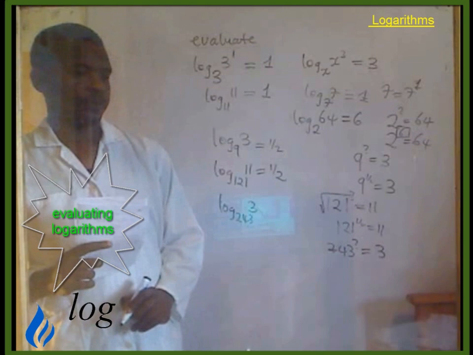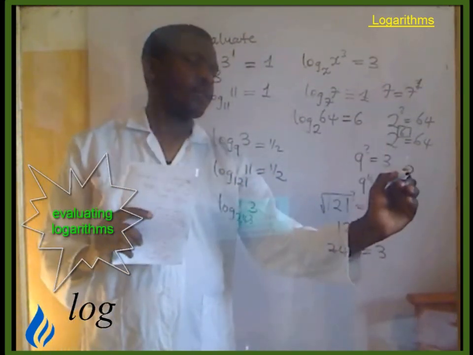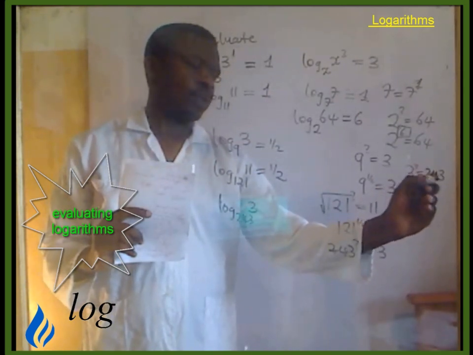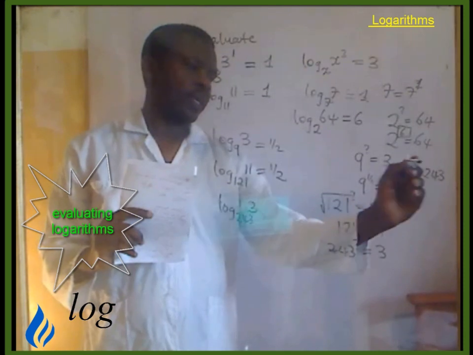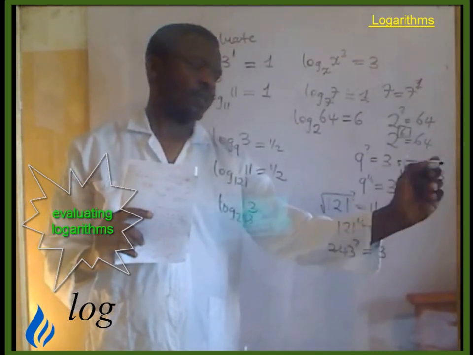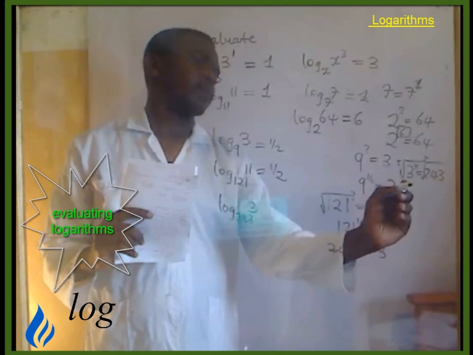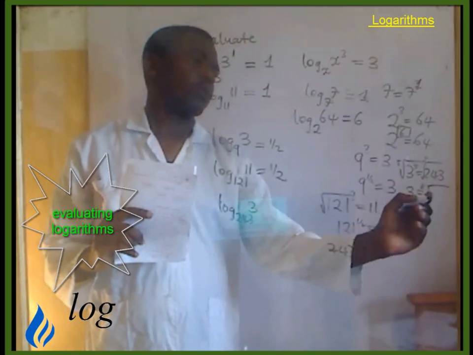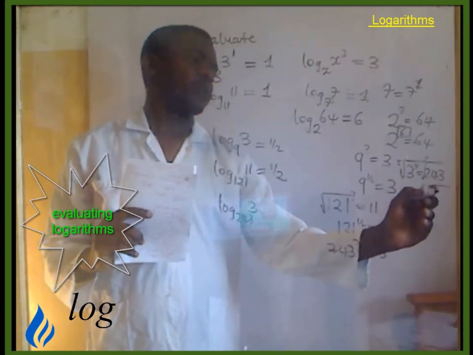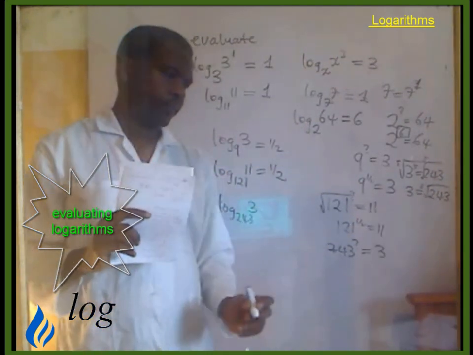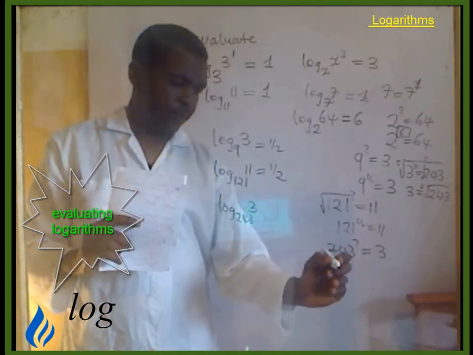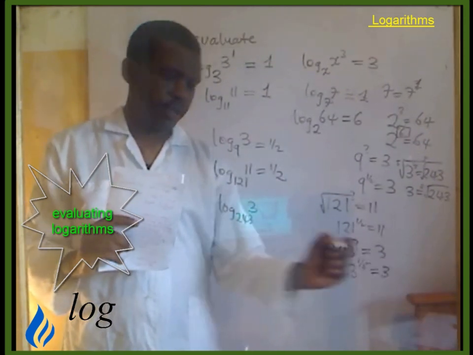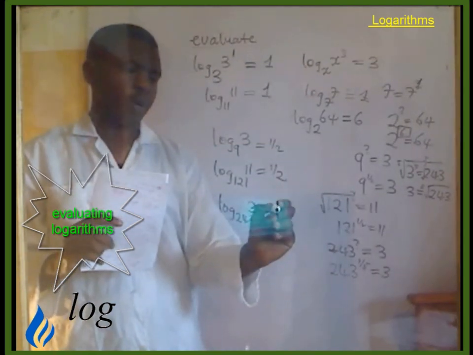We find here that 3 to the fifth is equal to 243. So if I take the fifth root of both sides, I'll say 3 is equal to the fifth root of 243. So 243 raised to the power 1 over 5 is equal to 3. Our answer here will be equal to 1 over 5.